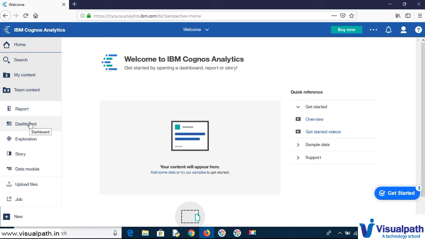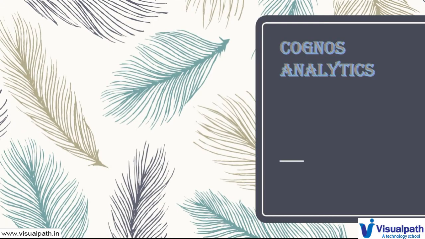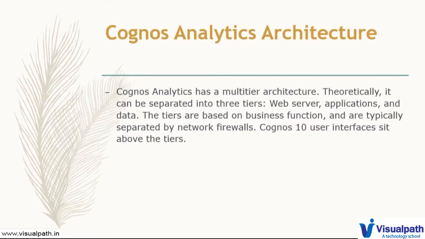Now let's go back to our original topic of discussion, that is architecture. Cognos is basically a three-tier architecture. The architecture can be described in three ways: web server tier, application tier, and data tier.